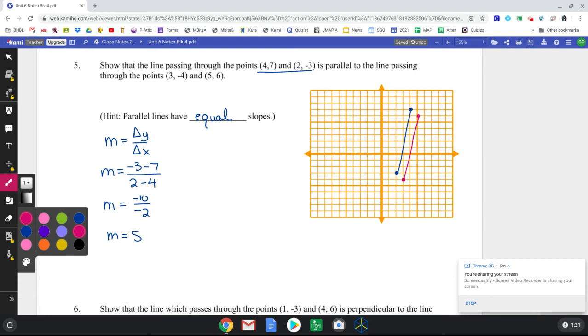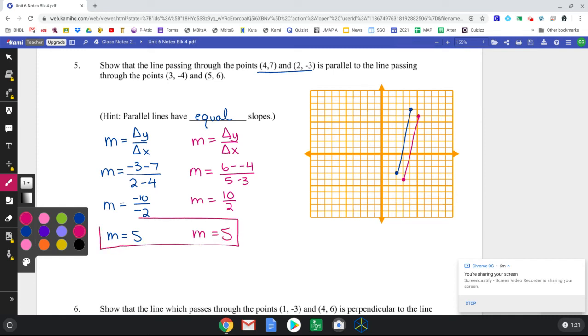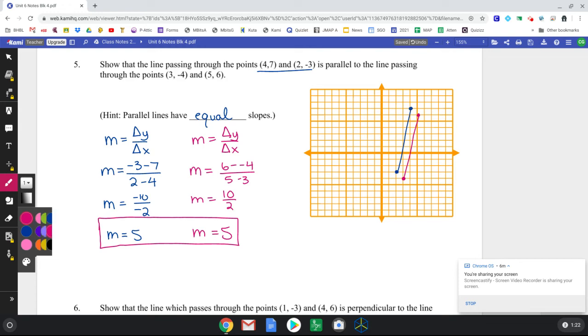For my other segment, again, my slope formula, plugging my values in, 6 minus -4 over 5 minus 3 gives me 10 over 2, and again, my slope is 5. So since my slopes are equal, that tells me that my two segments, or lines if I graph the full line, are parallel to each other.